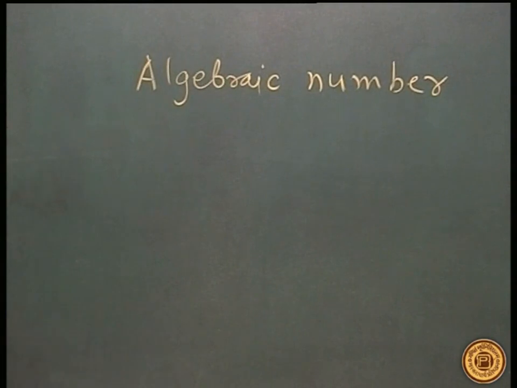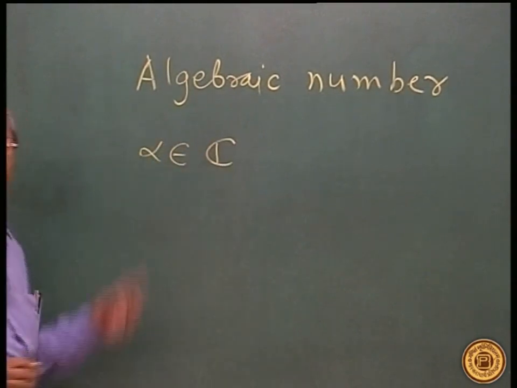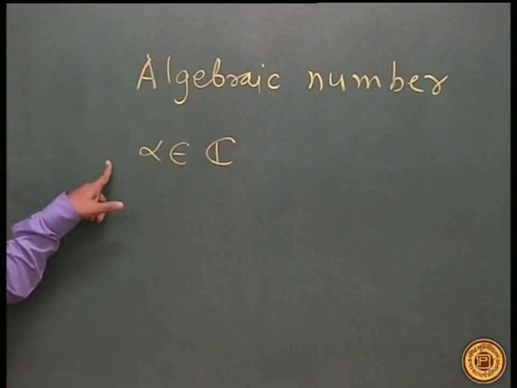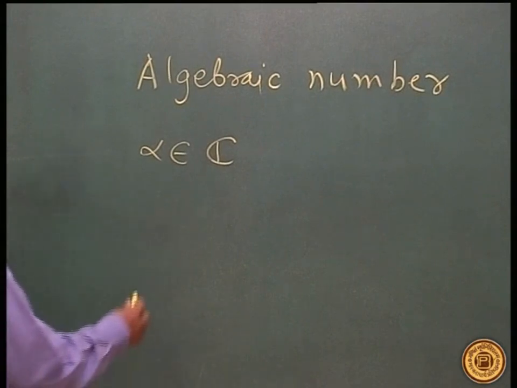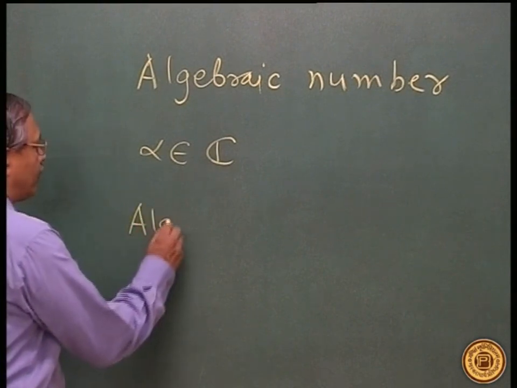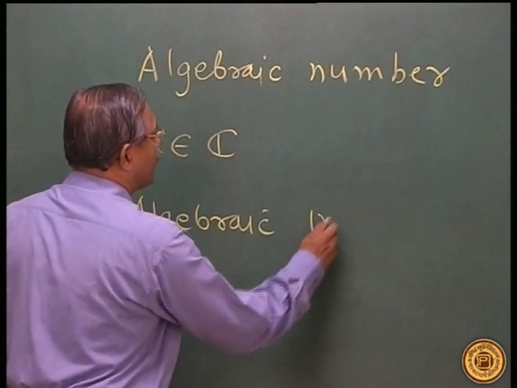So a number alpha, a complex number alpha in C, is called an algebraic number provided it satisfies a non-zero polynomial with coefficients from Q. We also have an algebraic integer.